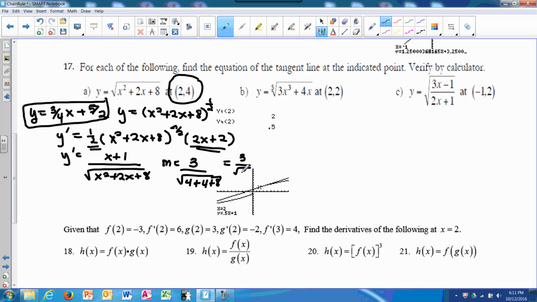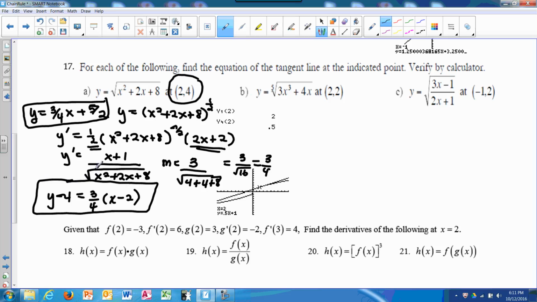Now our slope of the tangent line at the point where x is 2 and y is 4 is 2 plus 1, which is 3, over the square root of 2 squared plus 2 times 2 plus 8. So it's 3 divided by the square root of 16, so lo and behold, 3/4.